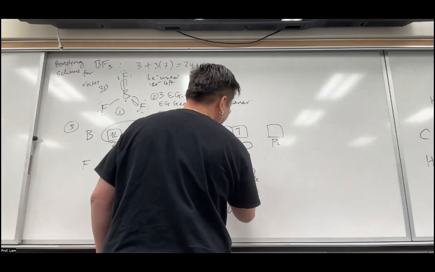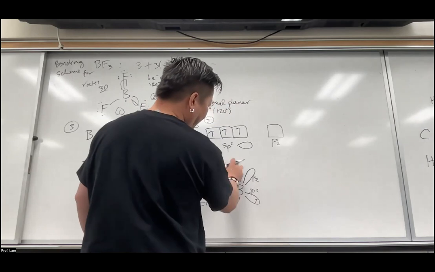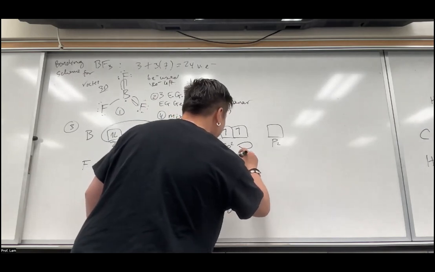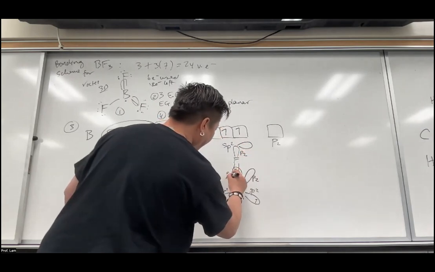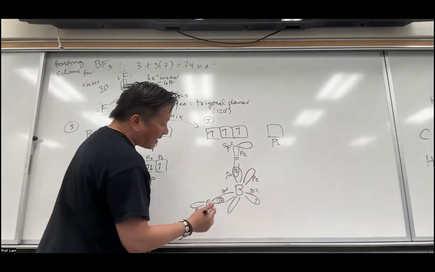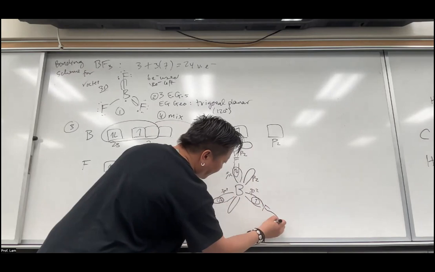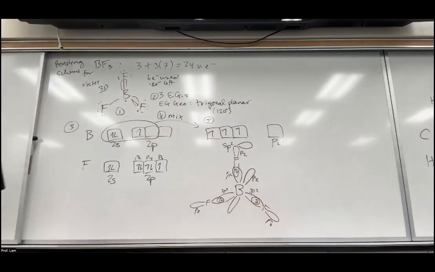Okay. So yeah, my board space leaves something to be desired here, but okay, you get the point. So I can draw F here. That's F's PZ with another electron. Okay, and then over here, another PZ of the third fluorine.